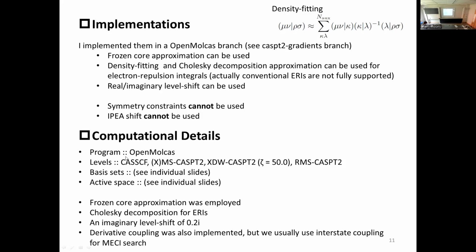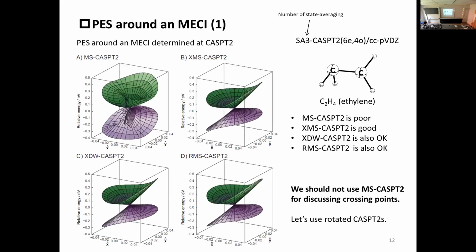And yeah, I'm going to show some computational results, which are very easy calculations, I think. First, we have to check the potential energy surface of these methods. I first optimized using all these CASPT2 variants, and I drew the potential energy surface by displacing along the gradient difference vectors and interstate coupling vectors.